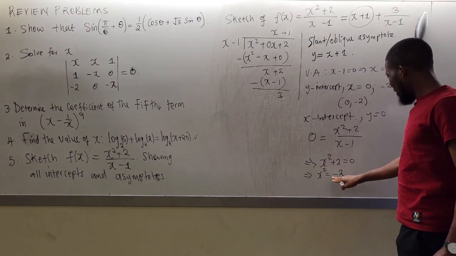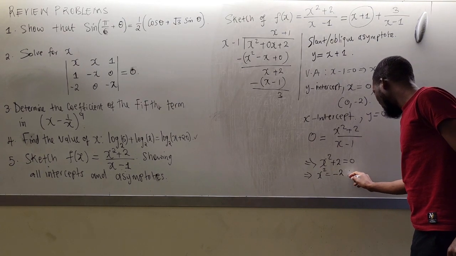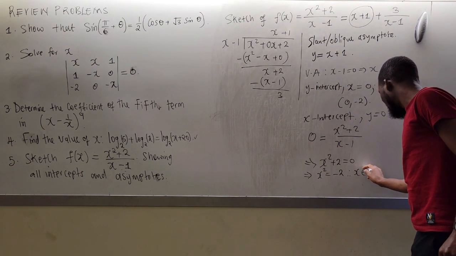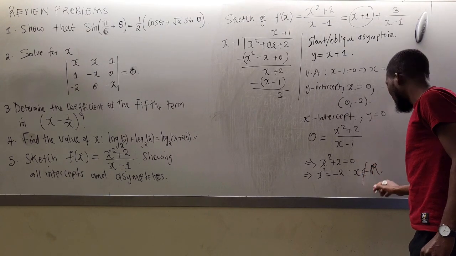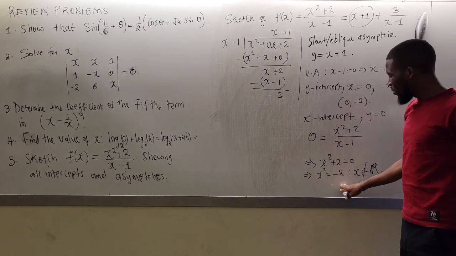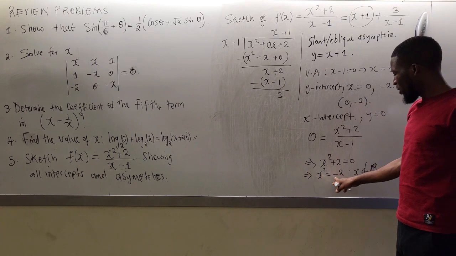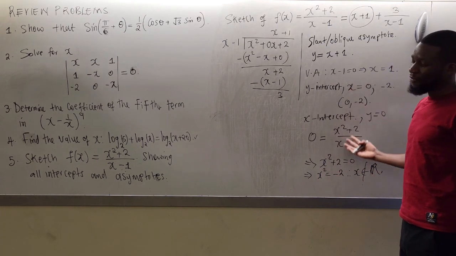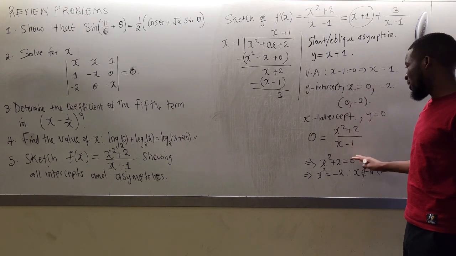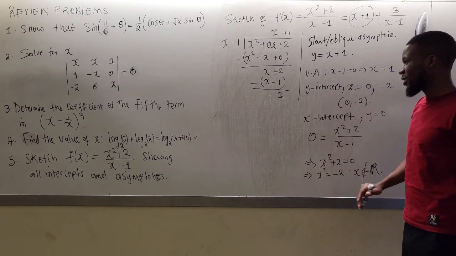Therefore x is not a real number. x is going to be the square root of a negative number, which is a complex number, but our function is defined on the real numbers. So this function does not have an x-intercept.